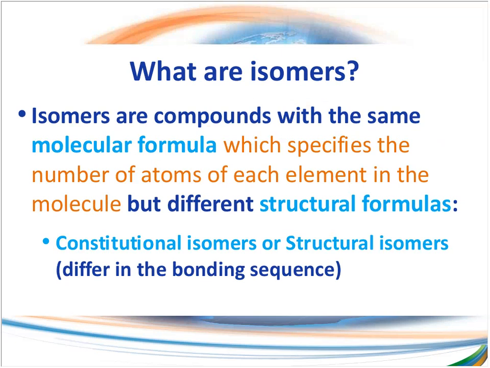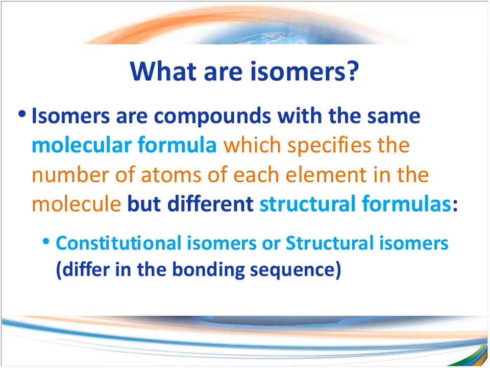It has the molecular formula C6Cl6. But there are chemicals that are very closely related and which are produced by production processes of chemicals, and these chemicals have the same molecular formula but different structural formula.